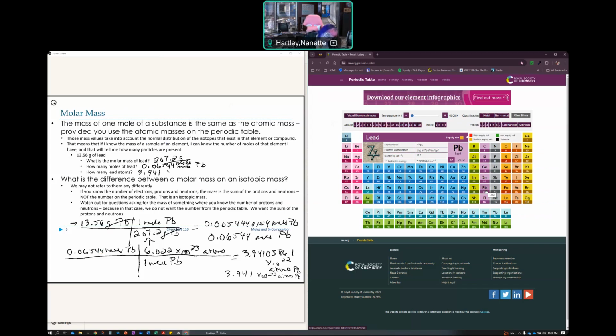So even though I may report a number that's been rounded, when I go to do the next calculation, I always work with the number before it's rounded. Okay, it is important that you do that.